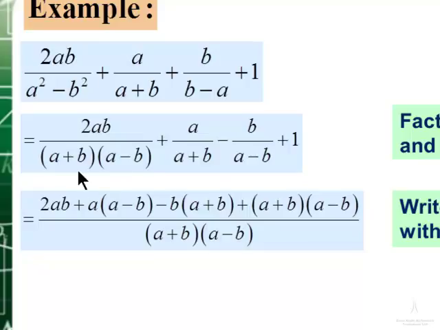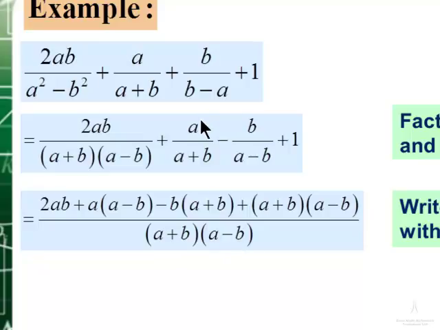So in the first term, a plus b times a minus b was the original denominator. It did not change, so the numerator stays exactly as it is. For the second term, the denominator a plus b must now be multiplied with a minus b above to compensate for the a minus b, which forms part of the consolidated new denominator for the single fraction.